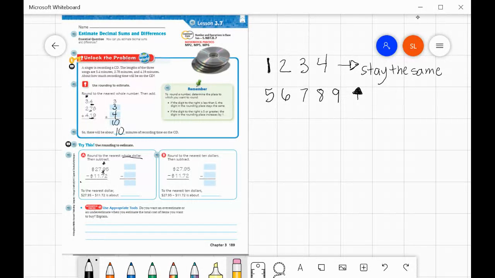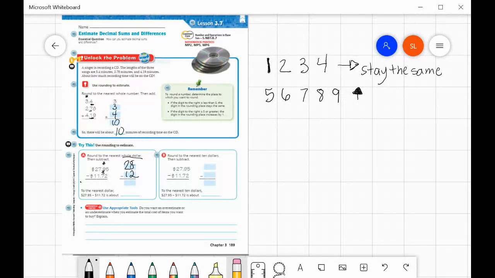So 27.95, that 9 is larger than 5, so that means we're going to round up. So 1 more than 27 is 28. And then 11.72, we are going to once again look at the 7 in the tenths column, and that's greater than 5, so we will round 11 up to 12 because we're rounding to the nearest whole dollar.